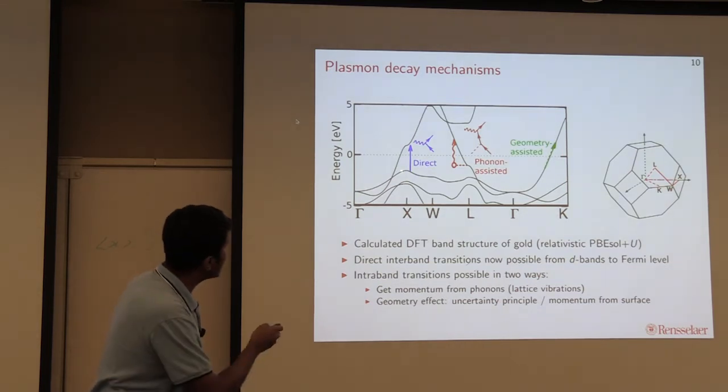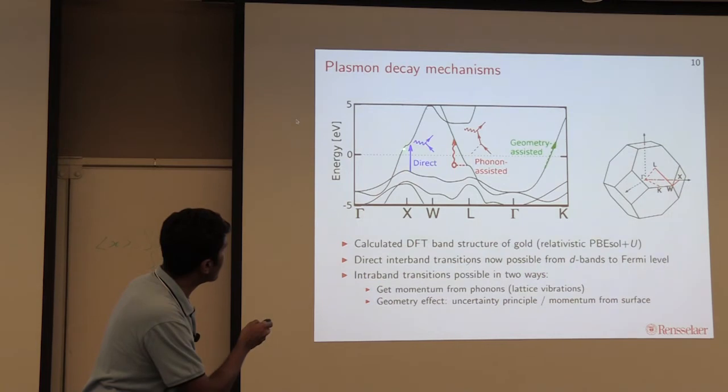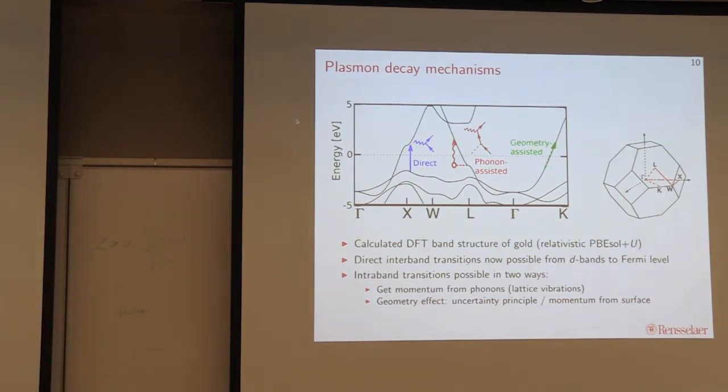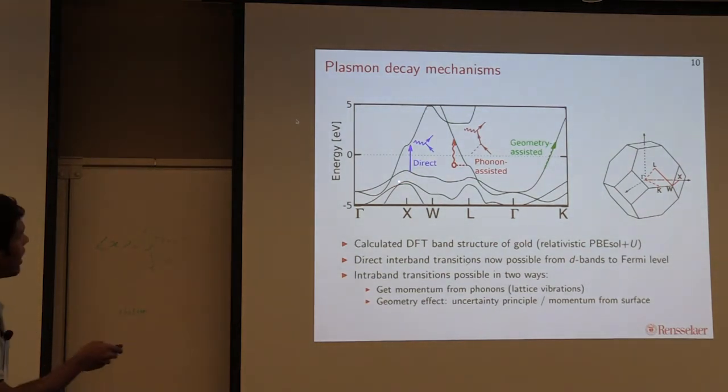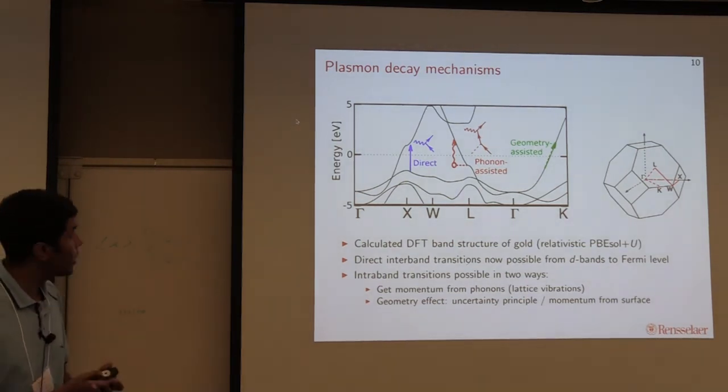But now, if your arrow can reach from this point to that point, you can satisfy energy and momentum conservation, and you can absorb light directly by doing that. Right? So these would be called direct transitions, and they start at the d electronic bands of the metal and end up in the conduction band, which are more s orbital like.